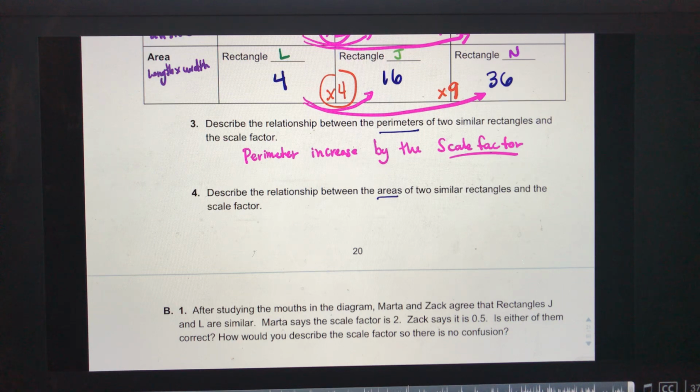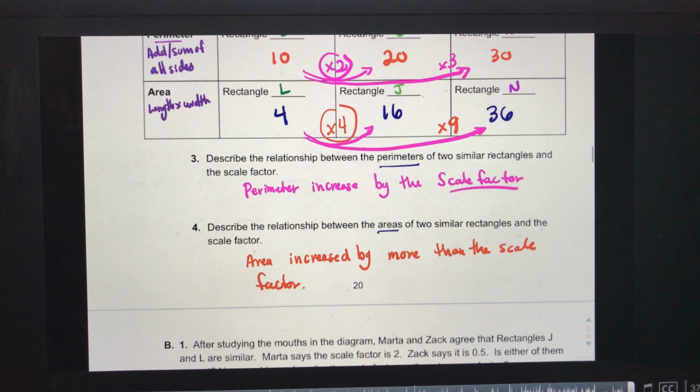Well, area increased by more than the scale factor. So it was not the same amount of the scale factor, it was more.